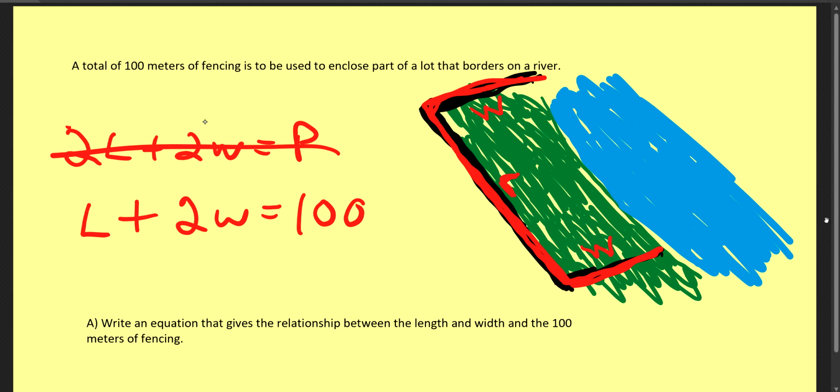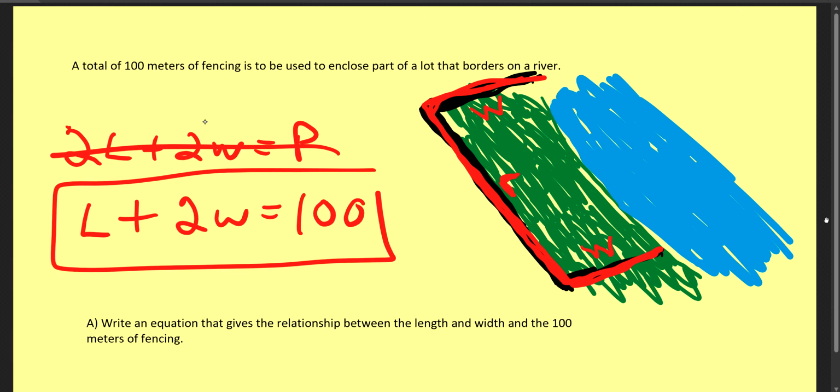Write an equation that gives the relationship between the length and width and the 100 meters of fencing. So it would be the length plus 2W, two of the widths, that equal the 100 meters of fencing. So this is our answer for the first one.